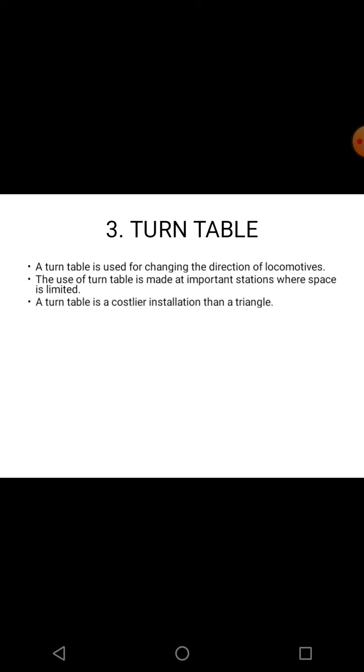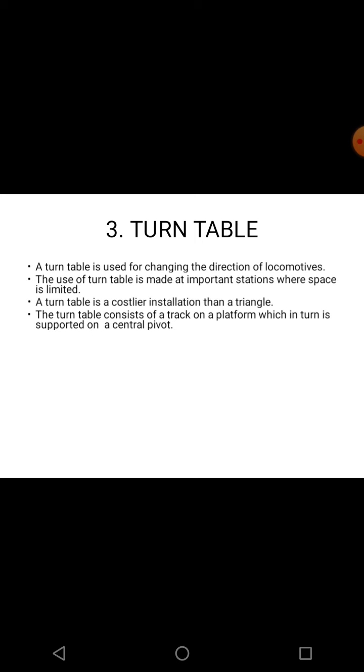The turntable consists of a system of a track. There will be a number of railway tracks on a turntable, and it will be of a circular shape, centrally pivoted. Clear? It will be clear by seeing a figure. So the turntable consists of a track on a platform, which in turn is supported at a central pivot.